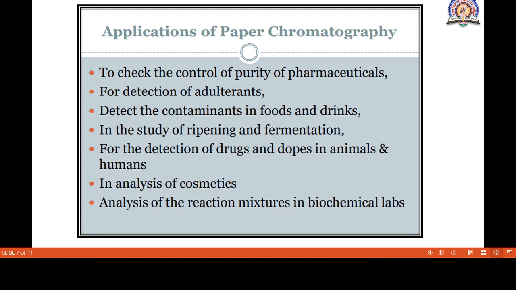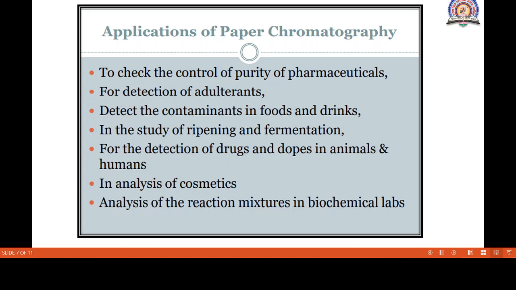Then the next and last part of this paper chromatographic technique is the applications of paper chromatography. To check the purity of pharmaceuticals, we use this technique. For the detection of adulterants and contaminants in foods and drinks. In the study of ripening and fermentation.